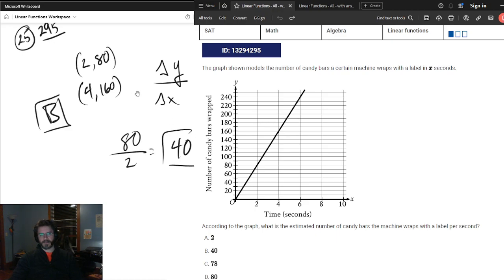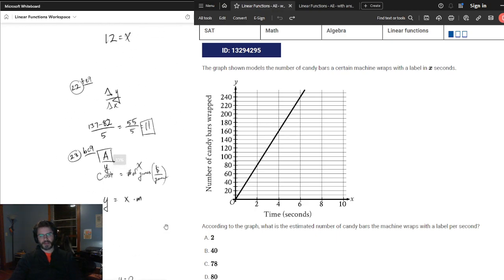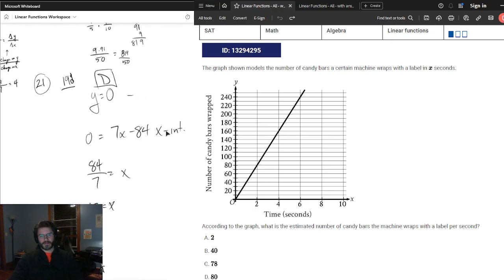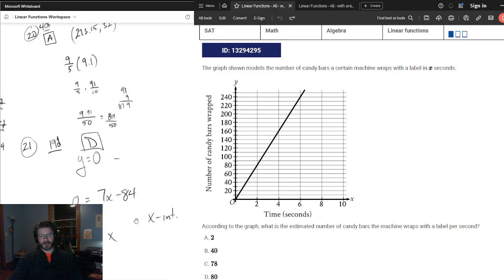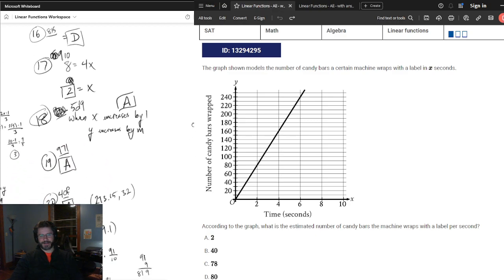Let's go ahead and check our work. Neat and tidy notes, of course.